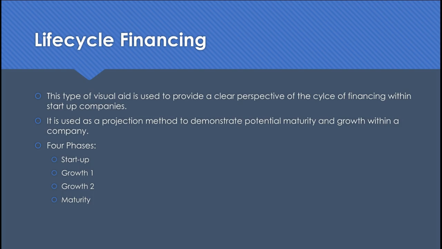In the text, you've already looked at different things related to fictional entities and how finance situations come to be. However, this type of life cycle financing view, the actual graph, or whatever way you choose to project this, uses a projection method to demonstrate potential maturity and growth within a company, utilizing 4 different phases.